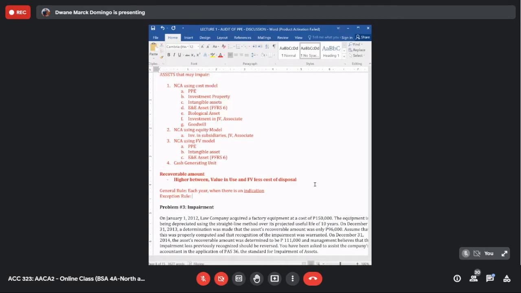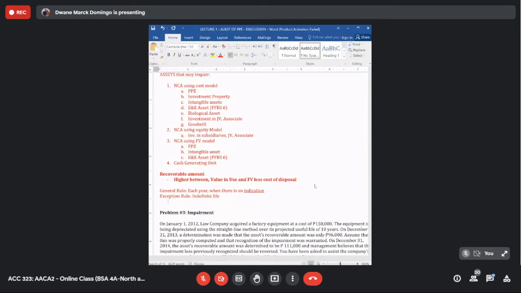Yung mga indefinite life. So, kapag indefinite life yung asset, so ang rule is your recoverable amount should be measured annually. Measured, underline ko yun, annually. So requirement siya.